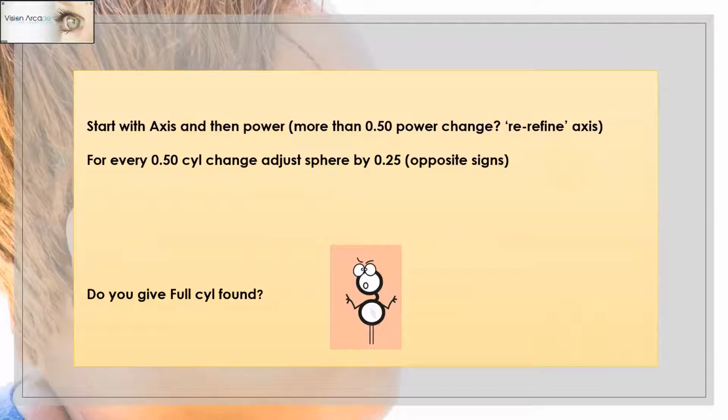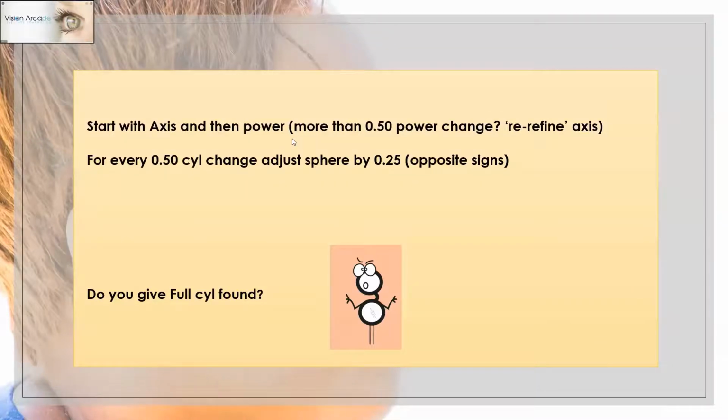When you're refining and you've changed the cylindrical power by about 0.50, you need to compensate the spherical prescription by 0.25, so opposite signs. So say we started at -0.5 and you've gone to -1. You need to increase the spherical prescription. Say the spherical prescription was +1, you need to go to +1.25, all right?